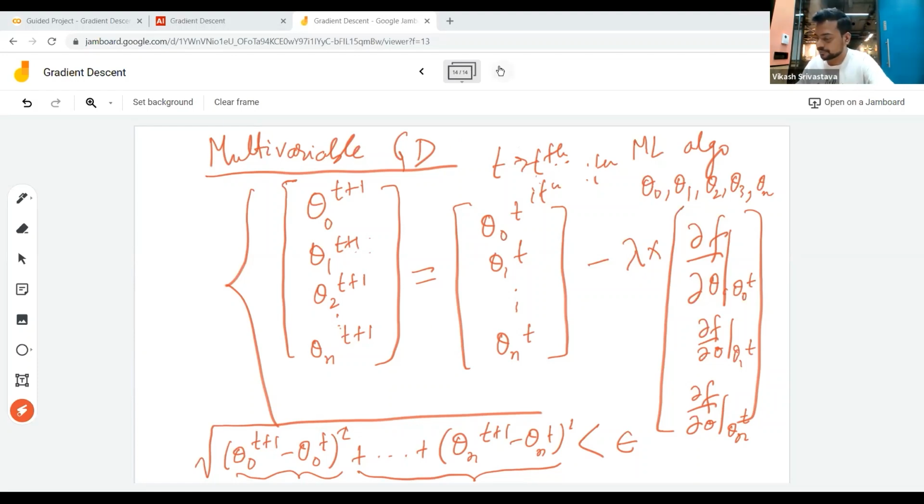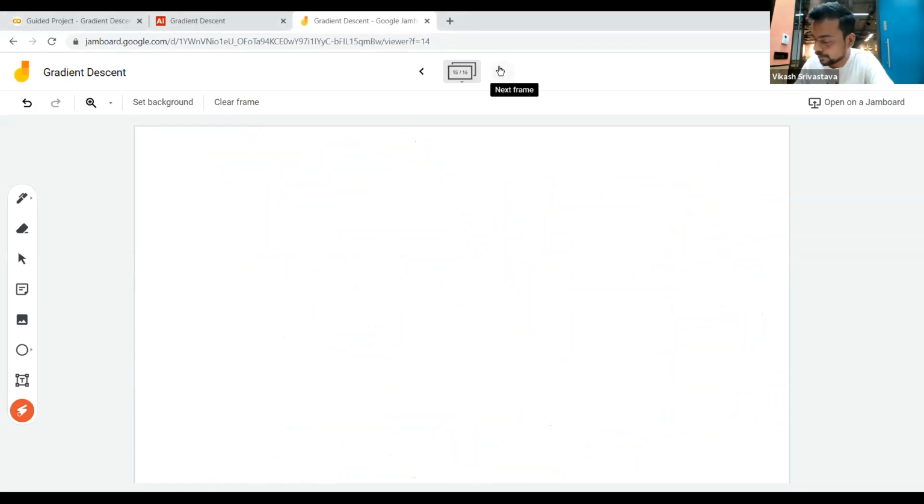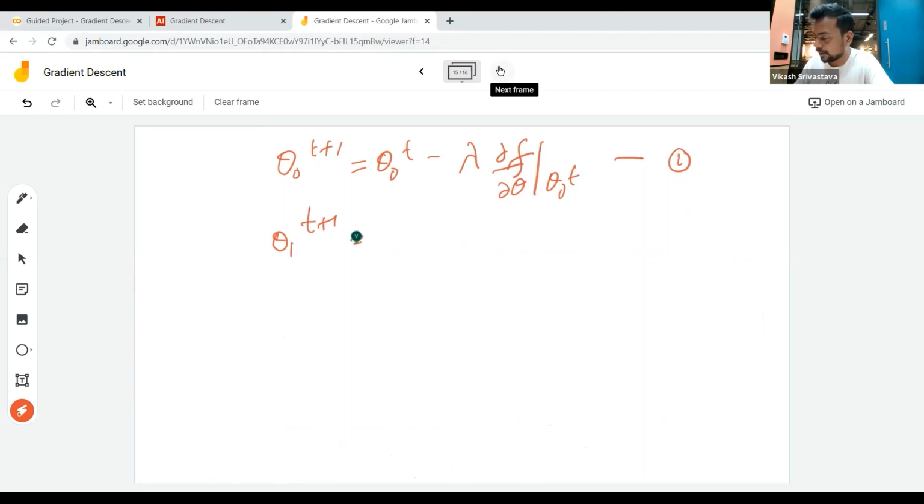If we look at all the equations that we get from this matrix equation, let's start with theta naught. Theta naught t plus 1 is equal to theta naught t minus lambda times the derivative, evaluated at theta naught t. This is of course one equation. Then for the other model parameter, you'll need to do the same thing. So this is the second equation, with theta 1 t.